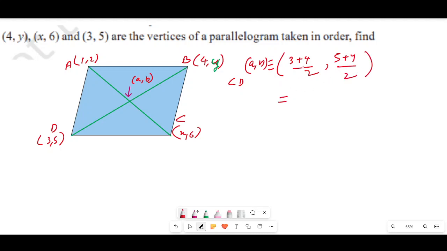Clear? 3 plus 4, that means 7 by 2, and (5 plus y) by 2.